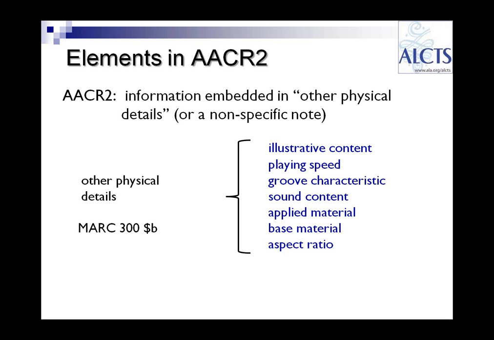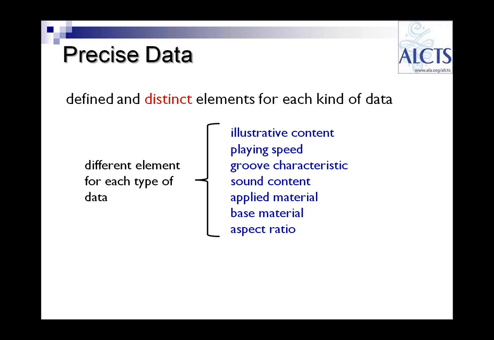So these could be either in other physical details or in a non-specific note. And these would map to the subfield $b of MARC field 300. But in RDA, each of those types of information are put in a defined and distinct data element.